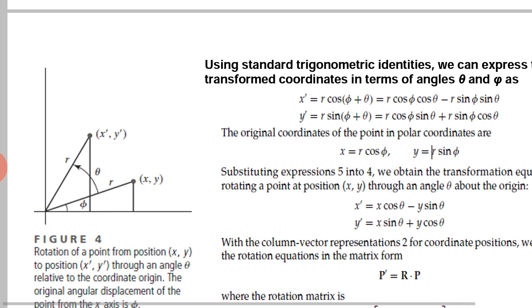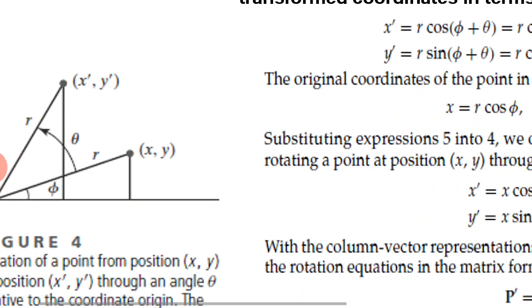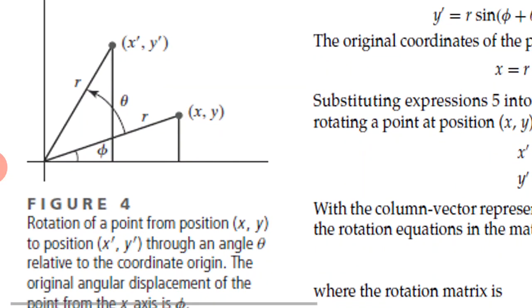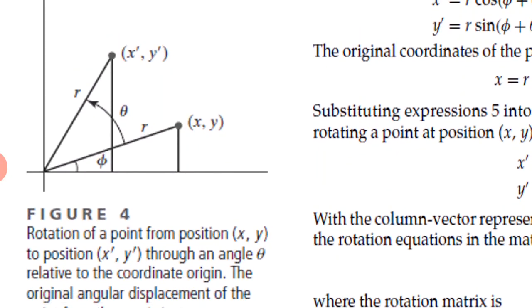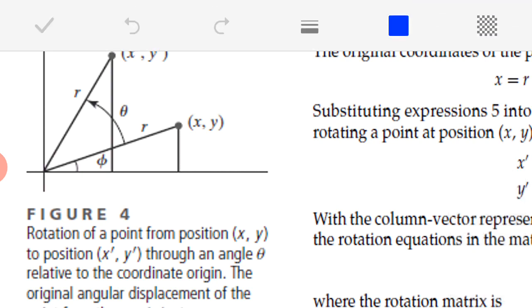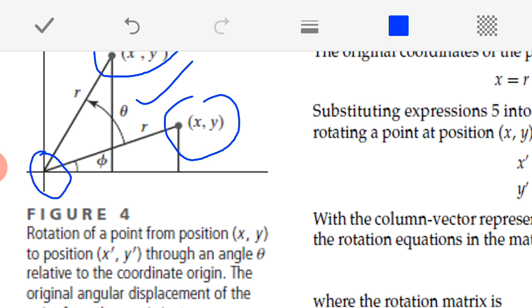In this particular diagram, there is a point x comma y and I want to rotate it to x dash comma y dash. I want to rotate this point P, x comma y, by some angle theta, and this rotation is done with respect to the origin.